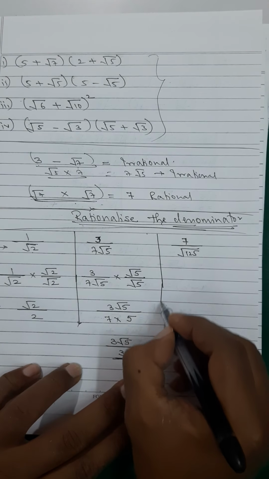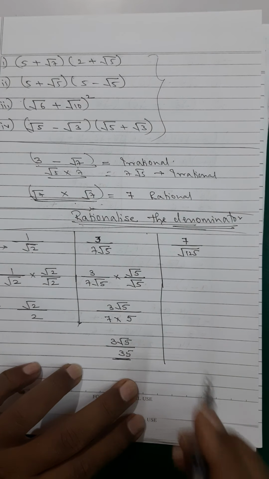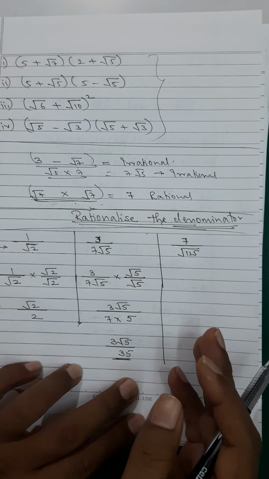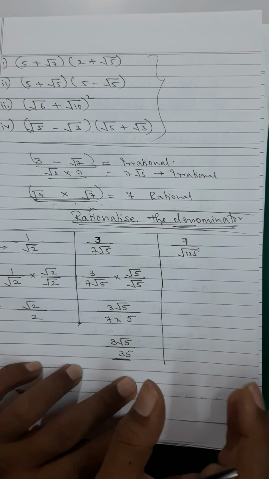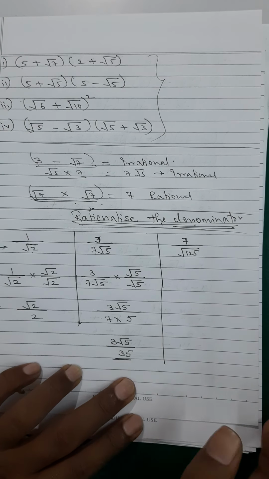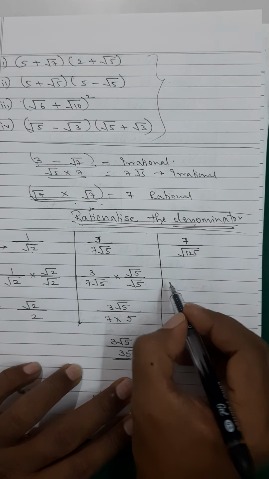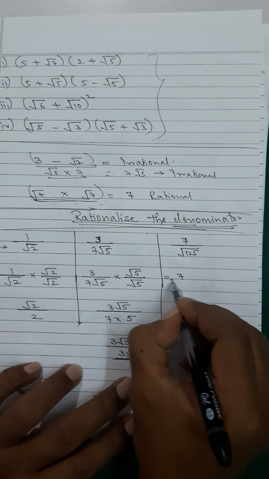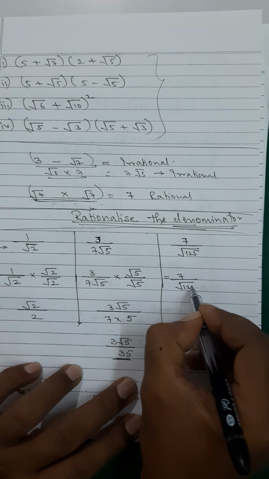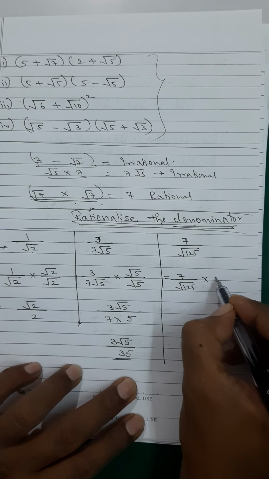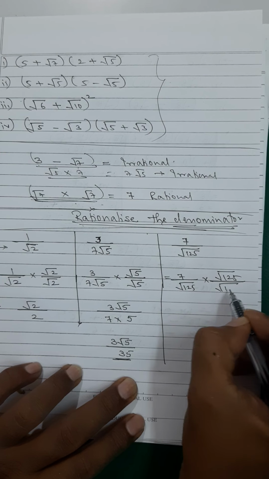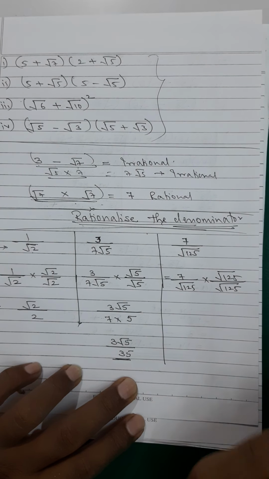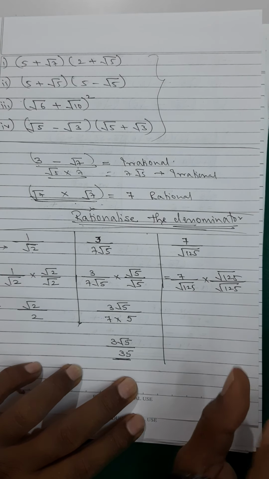Now coming back to the next question, 7 upon root 125. You can solve it in two ways, whichever you are comfortable with. Of course, case 1 is very easy. What you just have to do is multiply and divide by the irrational part.